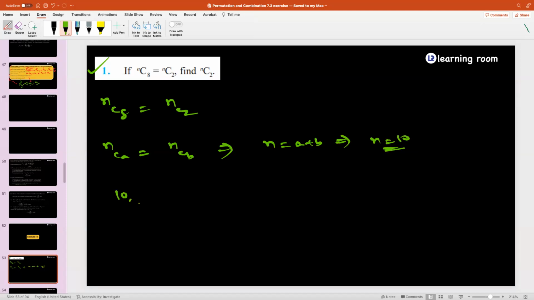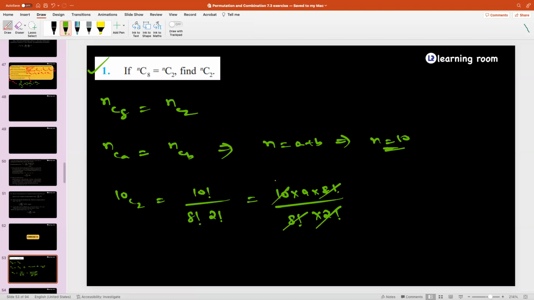So all that they're asking is 10C2. What is 10C2? It is 10 factorial by 8 factorial into 2 factorial, which is 10 into 9 into 8 factorial, the whole divided by 8 factorial into 2 factorial. So 8 factorial is gone. 2 will cancel this 5 times. So the answer will be 45. So 10C2 is 45.